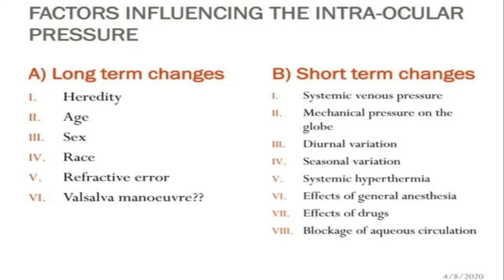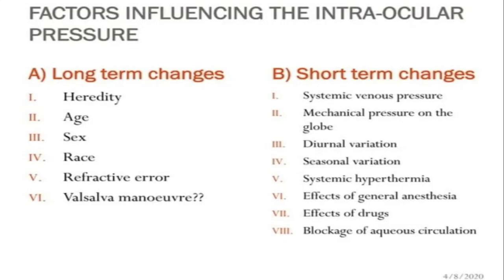Factors influencing intraocular pressure. There are several factors that can influence the intraocular pressure, or IOP, in the long term and short term. Long-term factors that can influence IOP include: number 1, age. IOP tends to increase with age, and older individuals are at a higher risk of developing glaucoma.